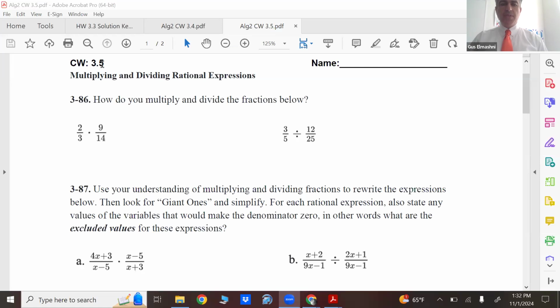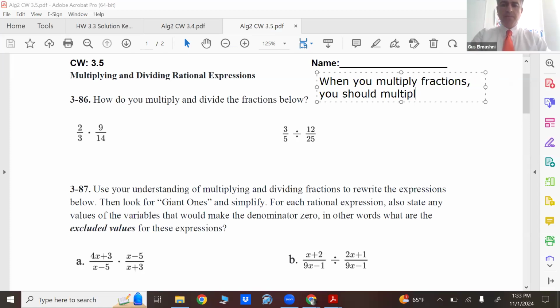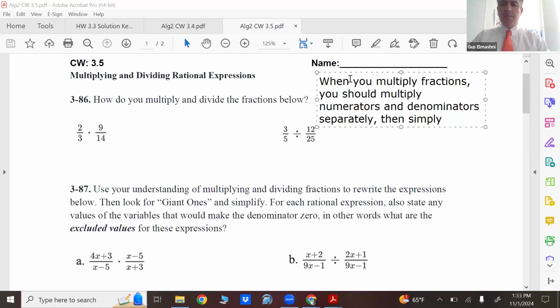Okay, multiply fractions. Let me put this up here as a text. When you multiply fractions, you should multiply numerators and denominators separately. Then simplify. Actually, say you can. Let me rephrase that: not you should, you can.